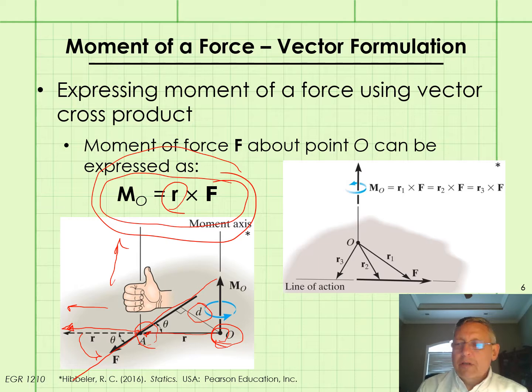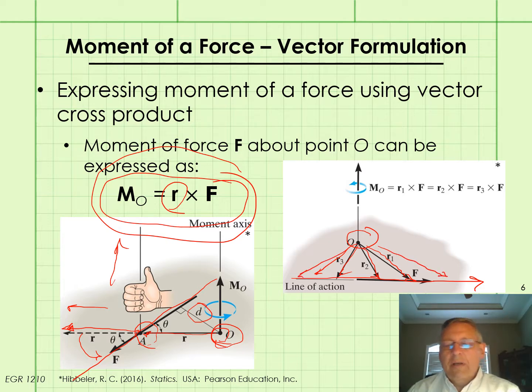Okay, let's look into a little more detail at what we mean by saying that R can be any position vector between O and the line of action of F. So it's illustrated here in this diagram. Here's O, here's the line of action of F, and any position vector between O and F can be used in our vector equation.